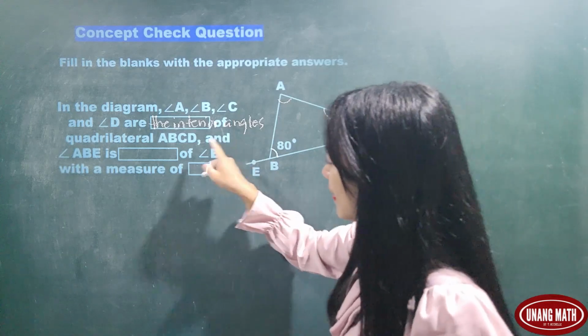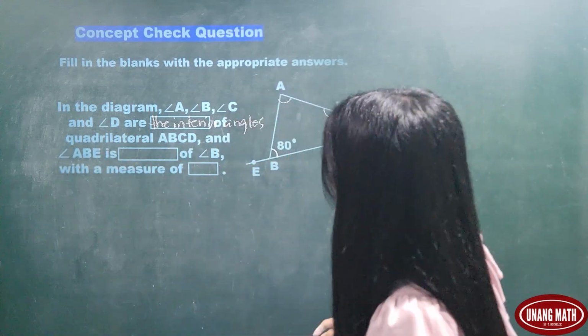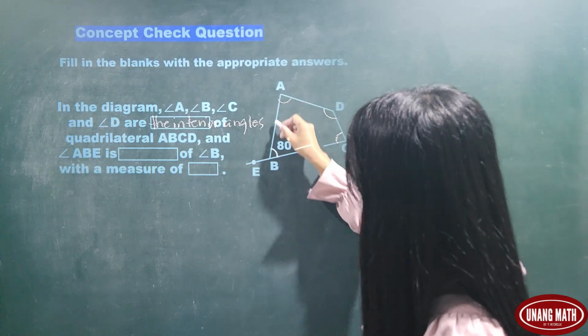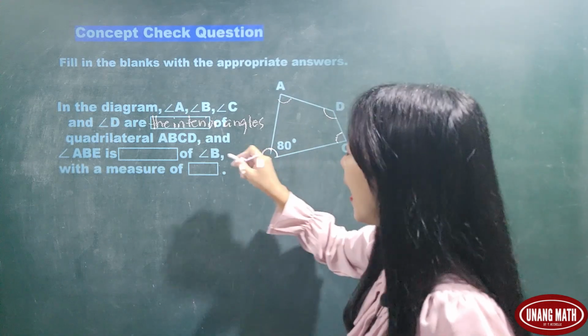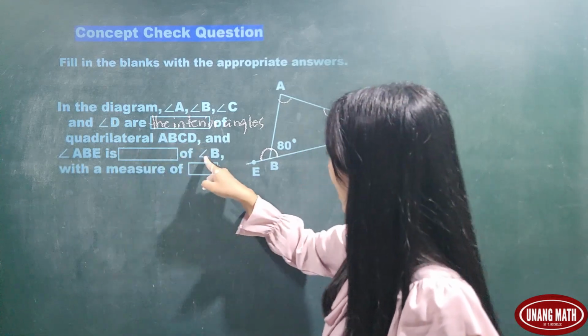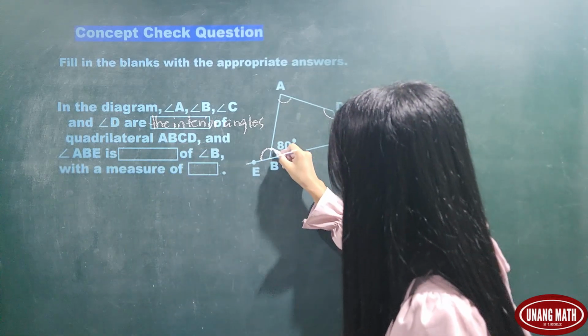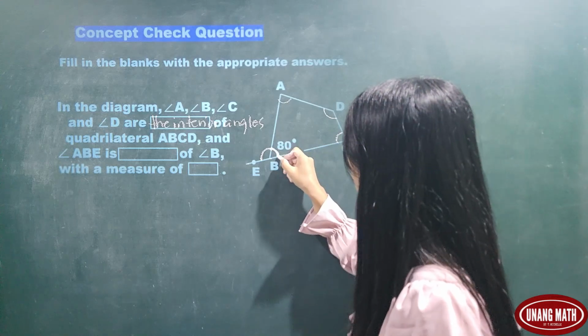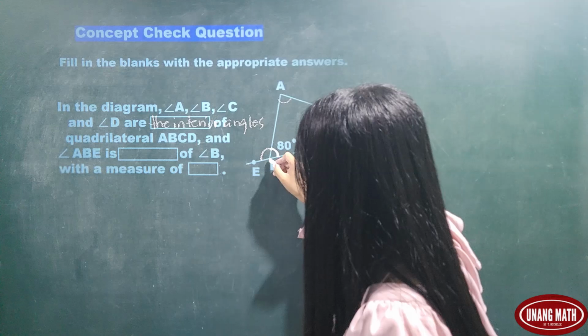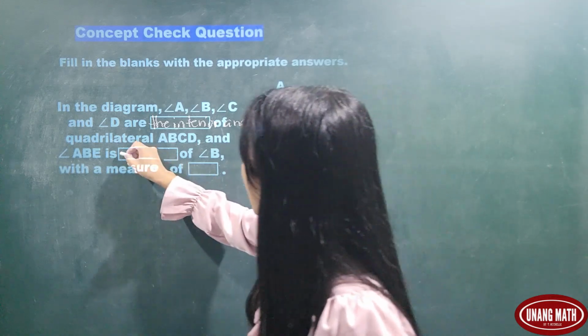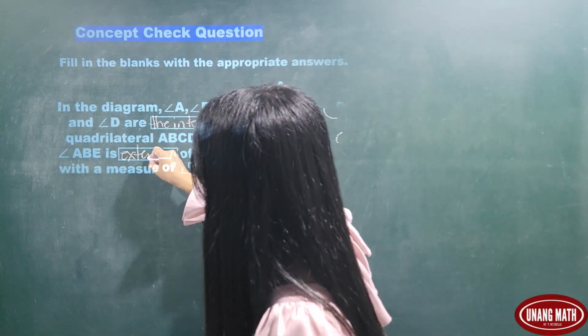Okay, and angle ABE, so where's angle ABE? Meaning this angle. Angle ABE is blank of angle B. Okay, angle B is this angle, and angle B is an interior angle. So that means angle ABE is the exterior angle.